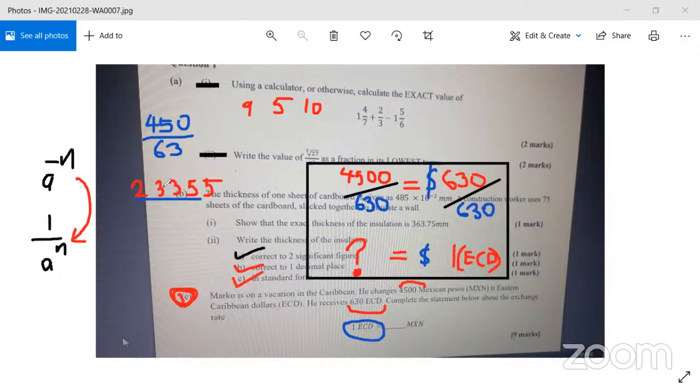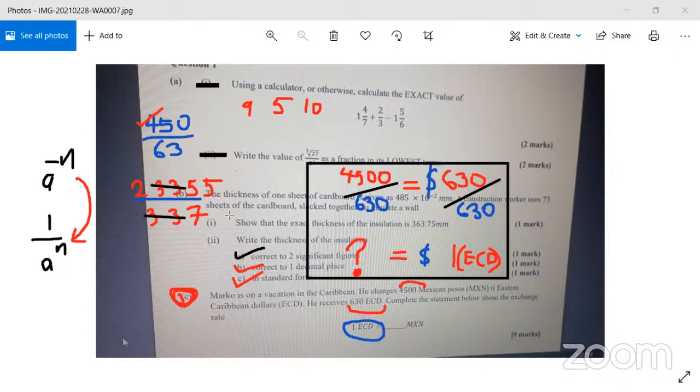Which makes sense. 45 is 3 by 3 by 5. So 3 by 3 by 5 times 2 times 5 will give us all of this up here. And then 63 is going to be 9 times 7, so we have 3 by 3 by 7. So the highest common factor is going to be 3 by 3.